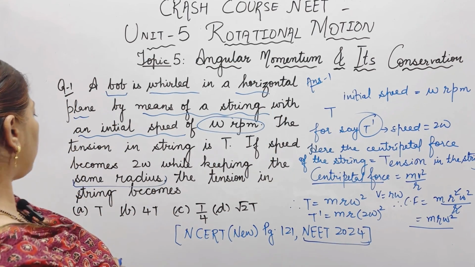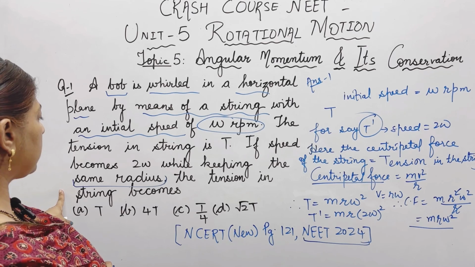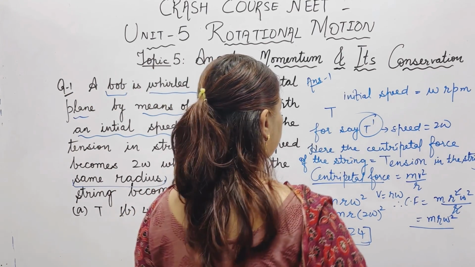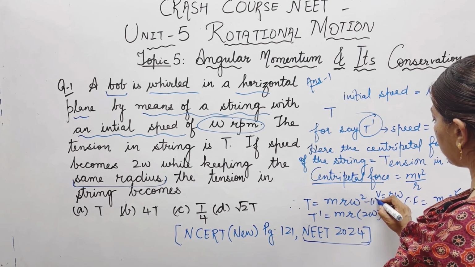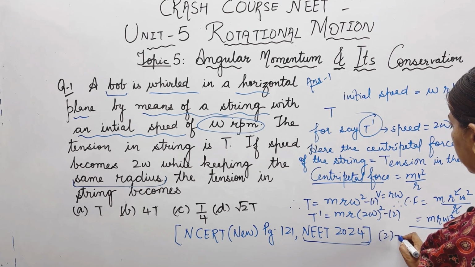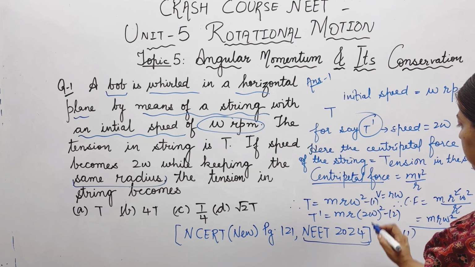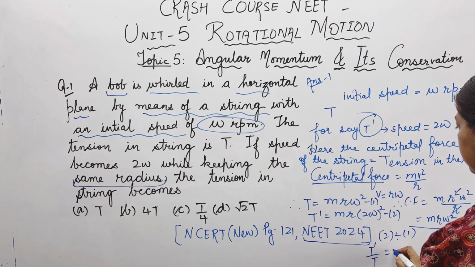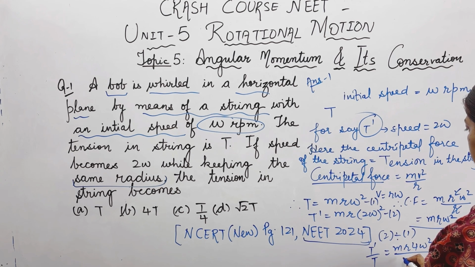Now we need to find out how the tension in the string changes. So let us take the ratio. Mark it as equation number 1. This is equation number 2. So dividing 2 by 1, T dash by T is equal to mr 4 omega square divided by mr omega square.